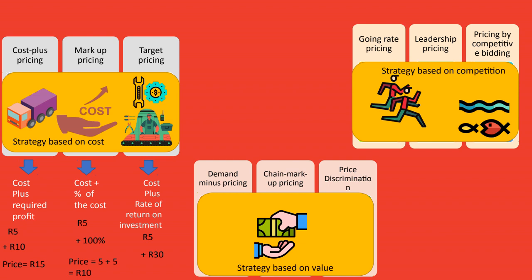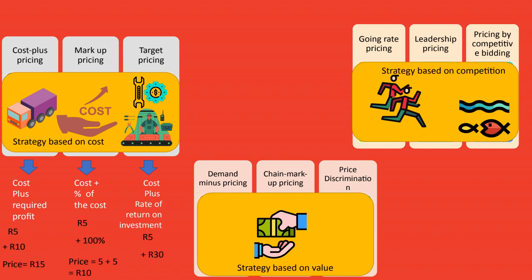So the first one is demand plus pricing. It is to understand how much we are prepared to pay for a product or a service, and then to ensure that we cover the cost, and then to add a particular markup. So it's almost a reverse of cost plus pricing. It is to ensure that the end price to the customer is not too high and you work backwards instead of forwards.